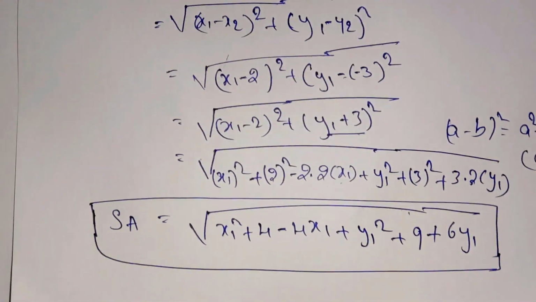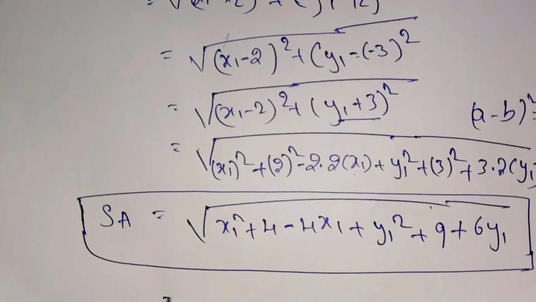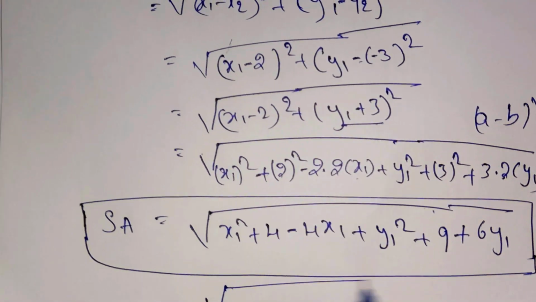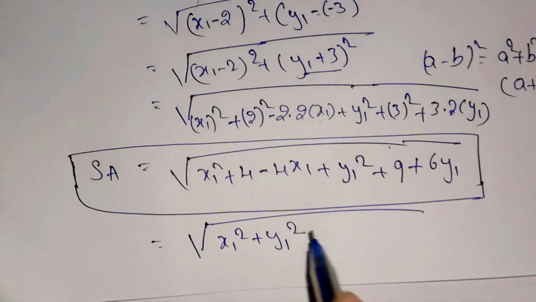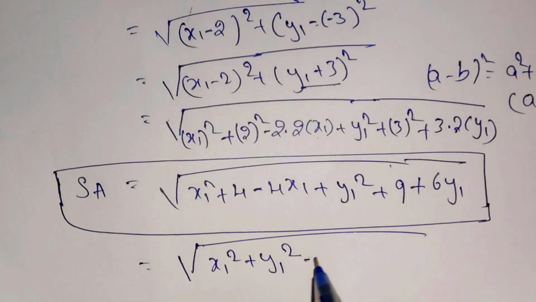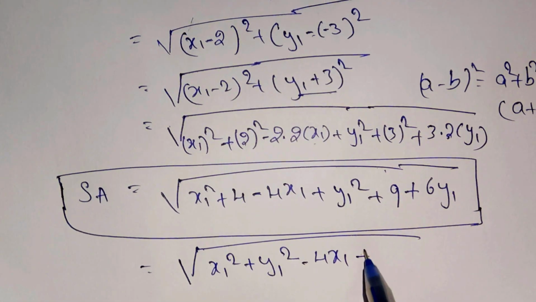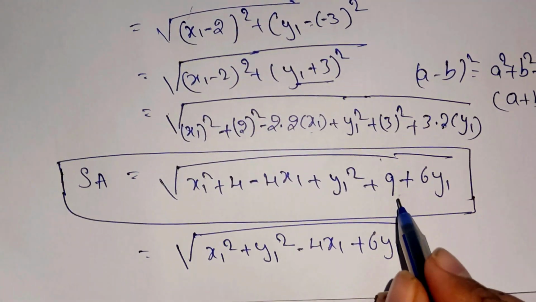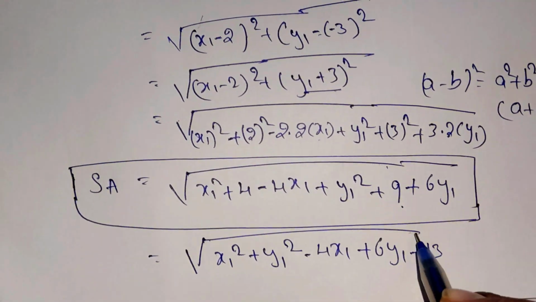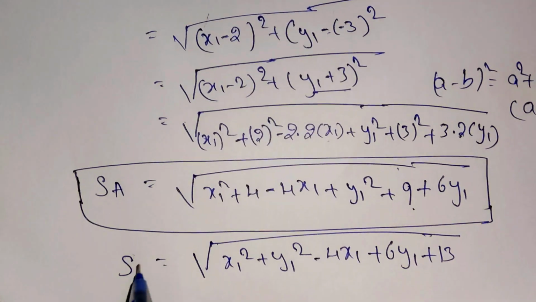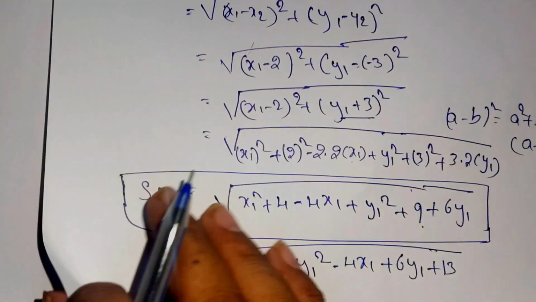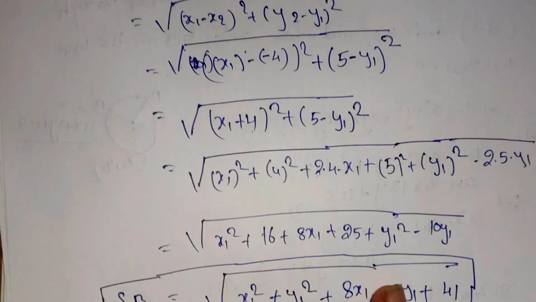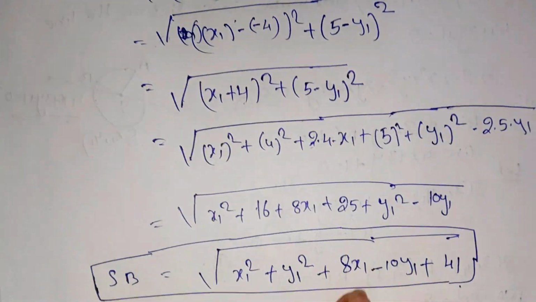And previously we forgot to expand this one, which is equal to square root of x1 square plus y1 square, minus 4x1 term, plus 6y1 term, 9 plus 4 is 13.